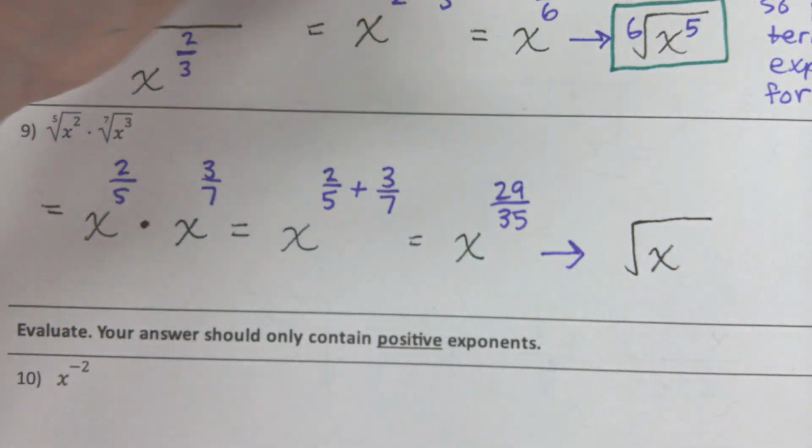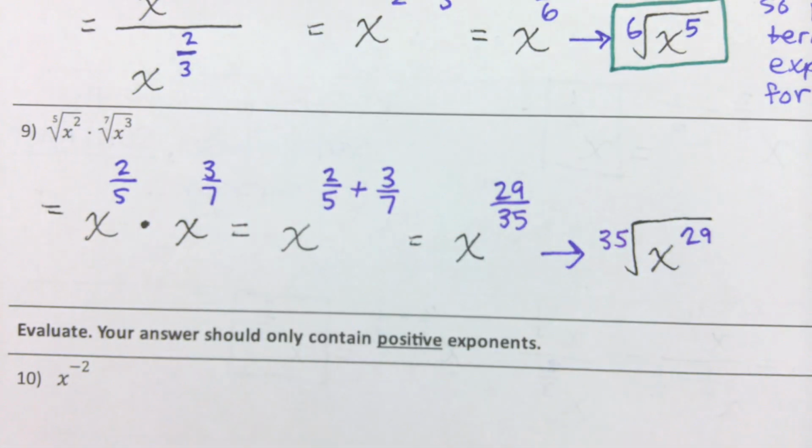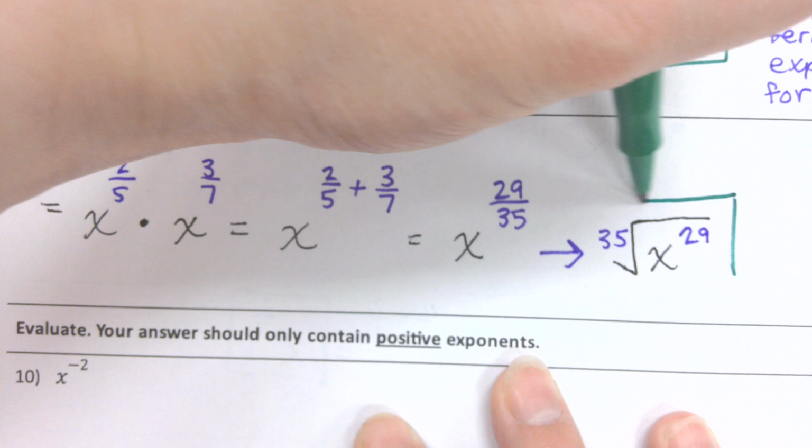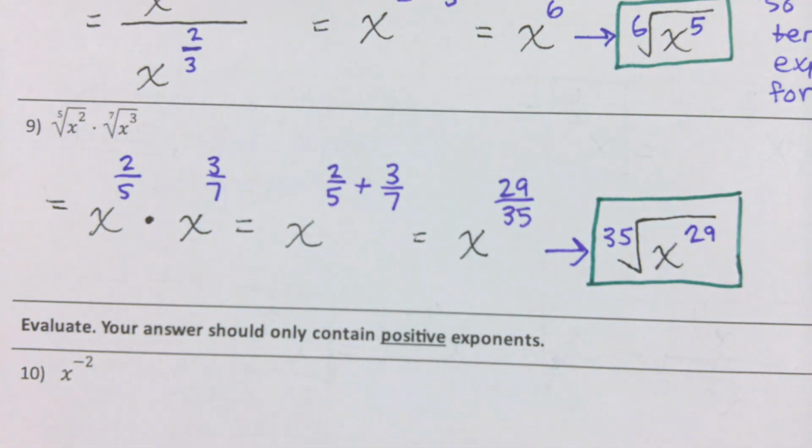In over out, 29 inside, 35 outside. You're not going to see anything that large on a quiz or test. Probably not even in calculus, if I'm going to be honest. That's very rare, but a possibility nonetheless. This is our final answer. We'll do the negative exponents when I see you for the next class.